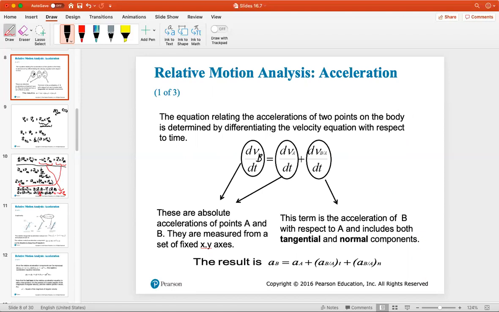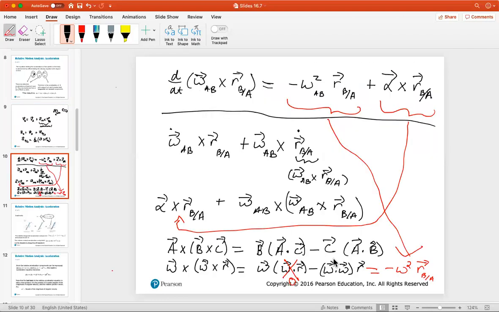So the acceleration at b should be the acceleration of a plus the tangential and centripetal, or normal, or I usually call it radial, components of acceleration coming from the relative rotation.